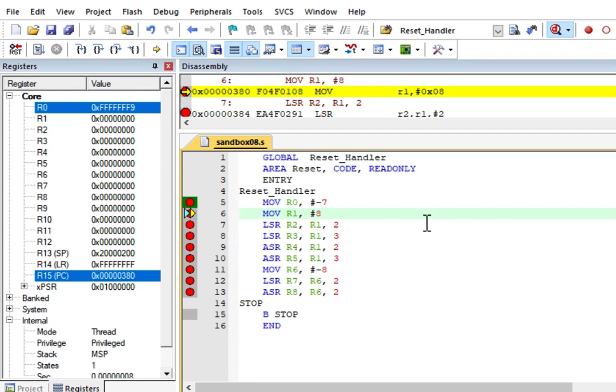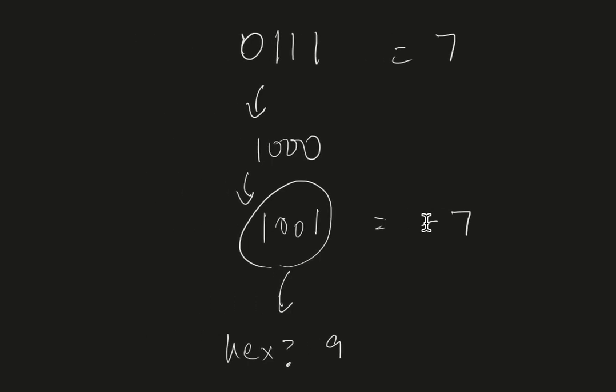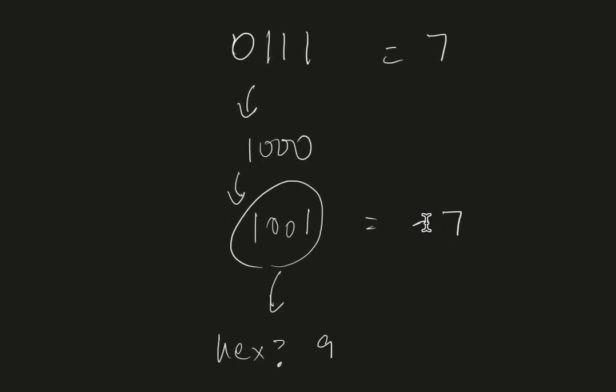Why does this happen? So let's try and break this down and understand this by looking at its binary representation. So to represent -7, one of the ways to do this is to see what +7 looks like in binary. It looks like this: 0, 1, 1, 1, right? 1, 2, and 4.